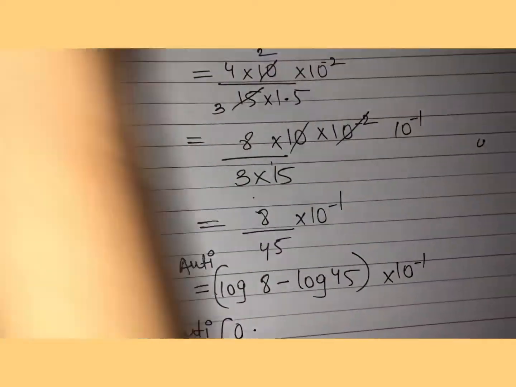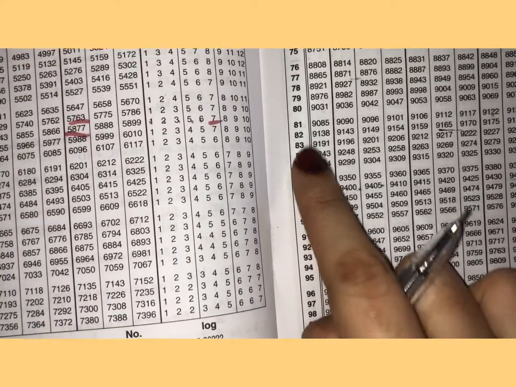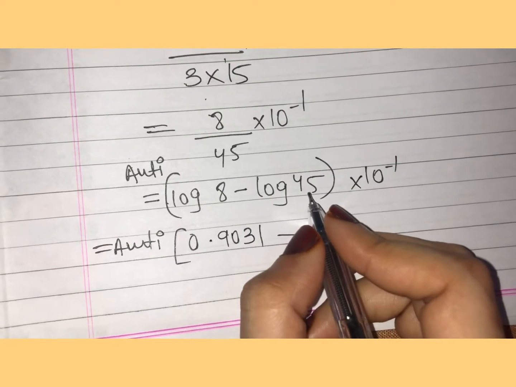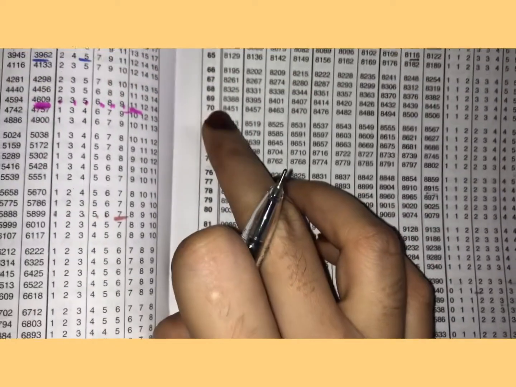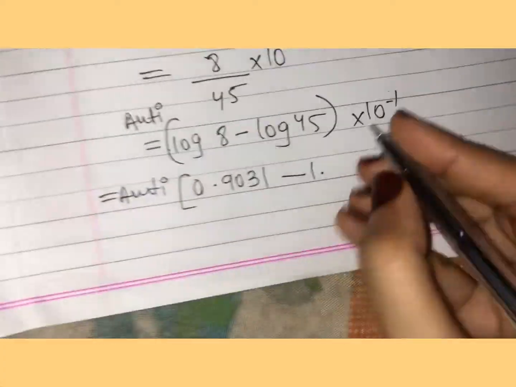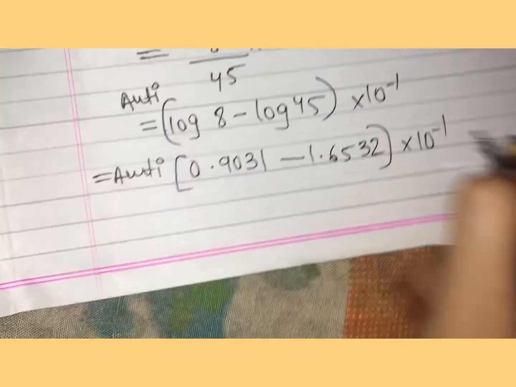Log of 8 is 0.9031. Log of 45: two digits, so 2 minus 1 is 1, that is 1.6532, into 10 raised to minus 1.